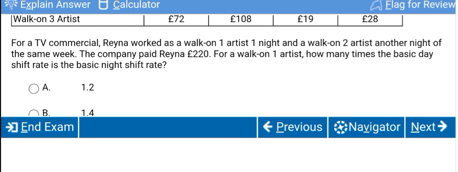The company paid Reena 220 pounds for a walk on one artist. How many times the basic day shift rate is the basic night shift rate?